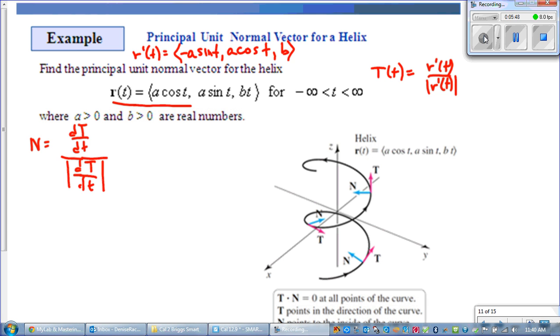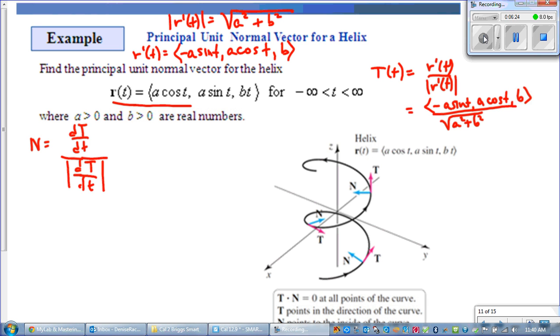Here's r prime of t, and the magnitude of r prime of t. So the unit tangent vector is each component divided by the square root of a squared plus b squared.